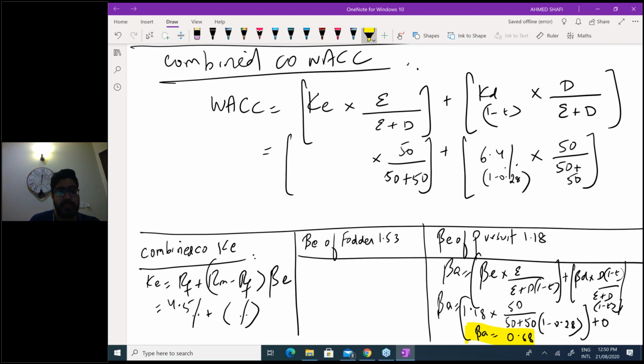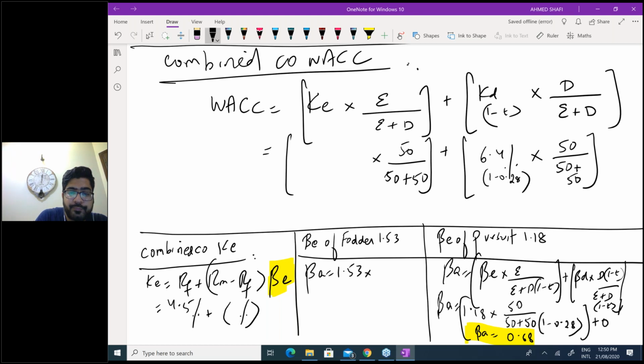We need the combined beta equity, this highlighted one. No information about the combined beta equity is given. In fact, it states that you assume the beta asset of the combined company is the weighted average of the individual beta assets. I don't have individual beta assets, I have individual beta equity, so I need to ungear to get them. For Fodder: 1.53 times 90 over (90 plus 10), times (1 minus 0.28).